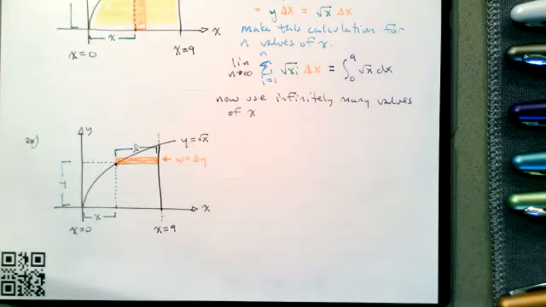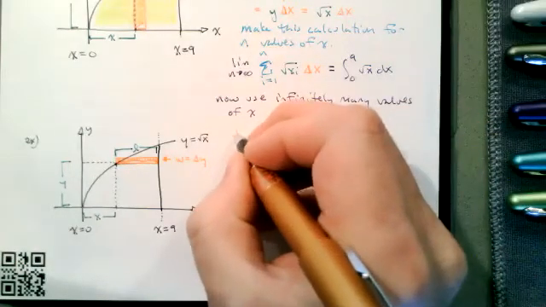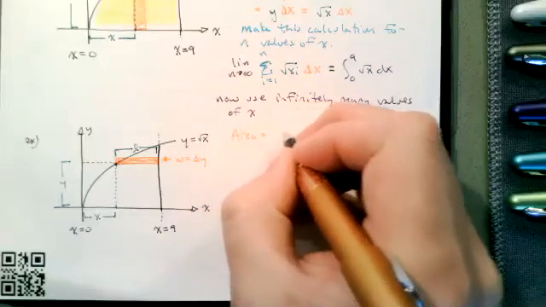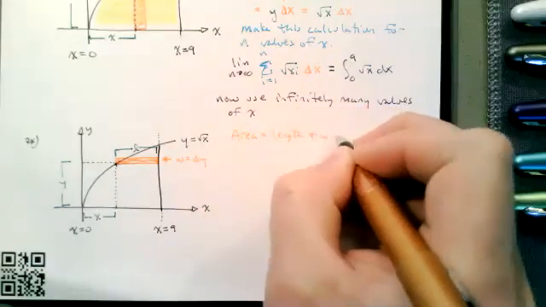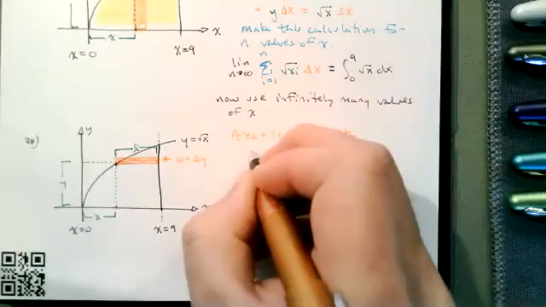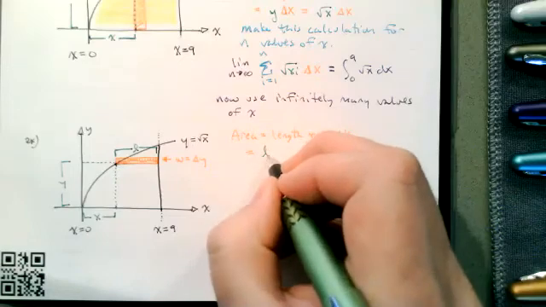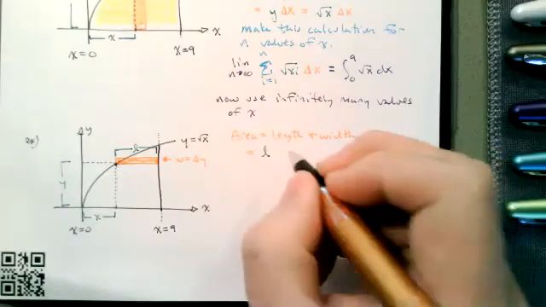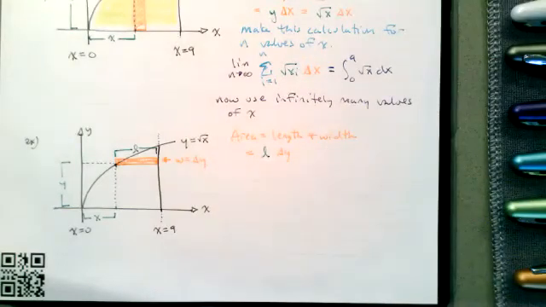Now we need L in terms of x, but it's starting from the same place. Area is equal to length times width. The length I've labeled on the picture as L, and the width is delta y, the delta variable that's in play. But now I need to write L in terms of y.